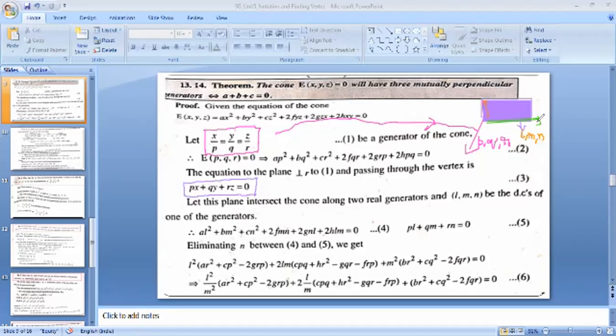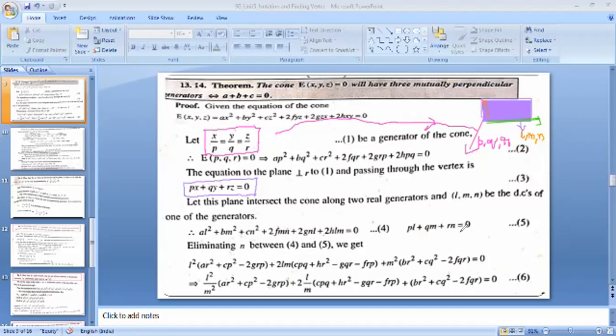So it should satisfy Pl plus Qm plus Rn equal to 0. Similarly, because this generator is on the cone, it should satisfy the equation of the cone, namely Al square plus Bm square plus Cn square plus 2Fmn plus 2Gnl plus 2Hlm equal to 0.